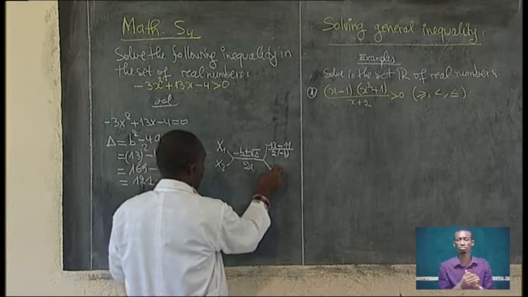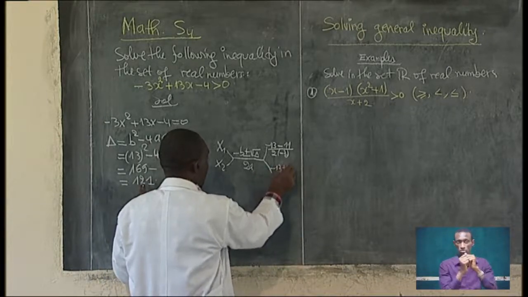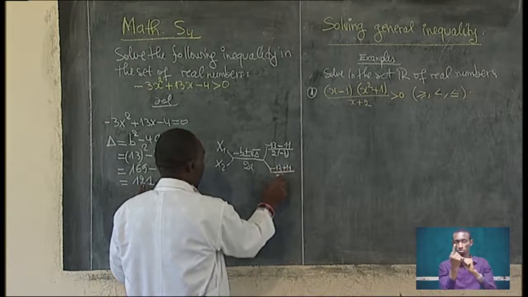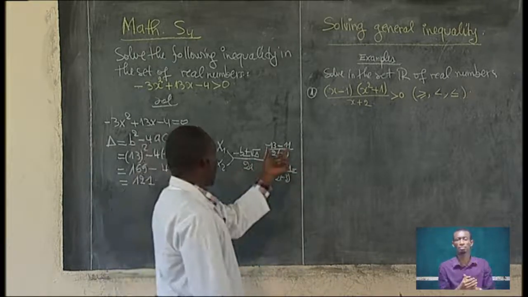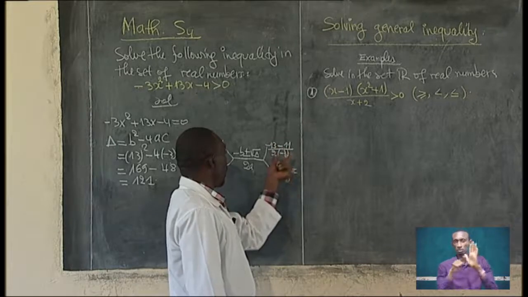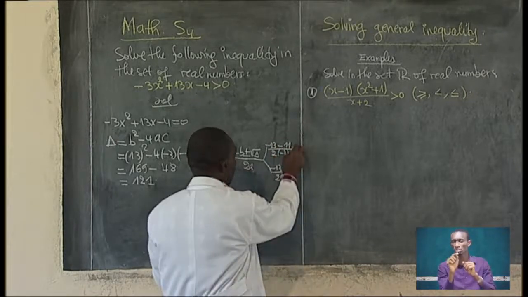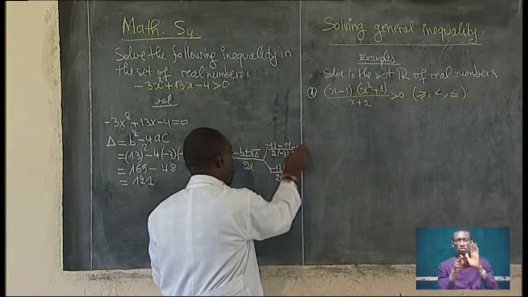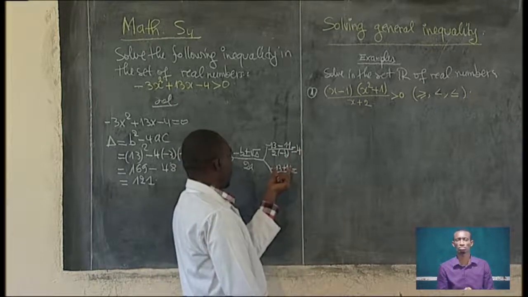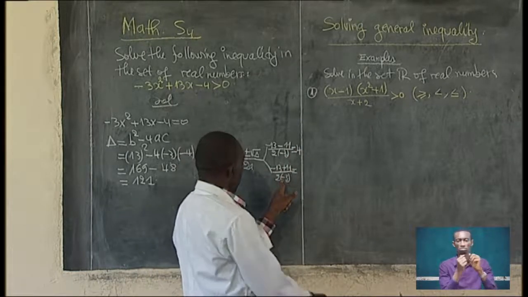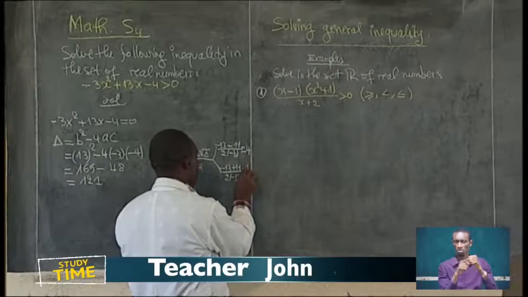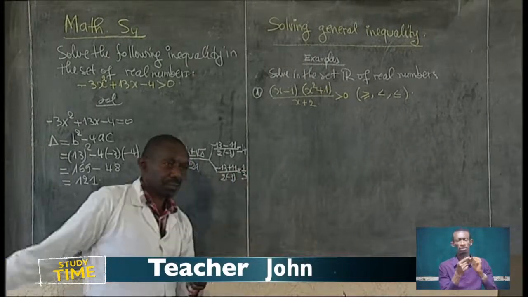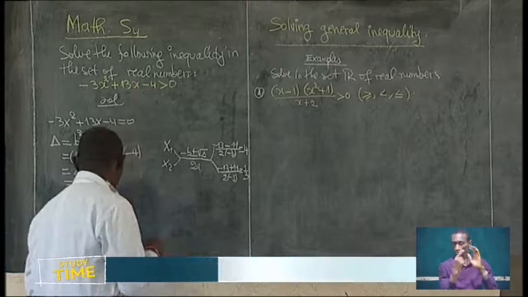And here we have minus 13 plus 11 divided by 2 times negative 3. This is minus 24 divided by minus 6, which is equal to 4. And here it is minus 2 divided by minus 6. This is 1/3.